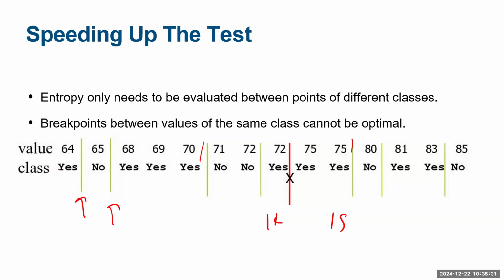But if we only look at the splits between yes and no, we only look at 1, 2, 3, 4, 5, 6, 7. So we look at 7 splits, right? So the number goes down significantly. So this is how the C4.5 algorithm deals with numeric values. It tries all of the possible combinations, but it tries them in a smart way.